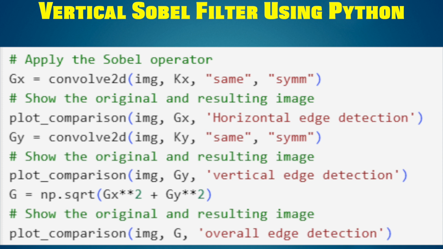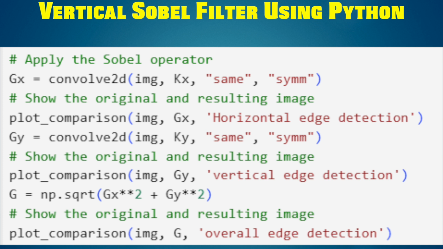Now if I want to see horizontal edges and vertical edges both together, then what do I have to do? I have to take the absolute value of both. So here I am taking the geometric mean, meaning root over x square plus y square, as a rule. So then the overall will come.